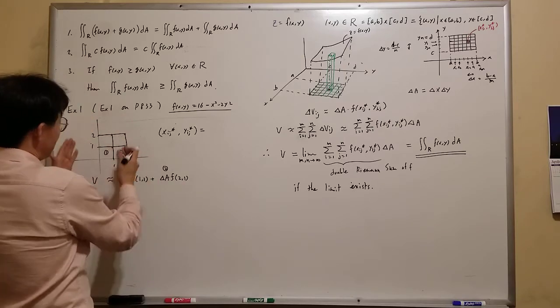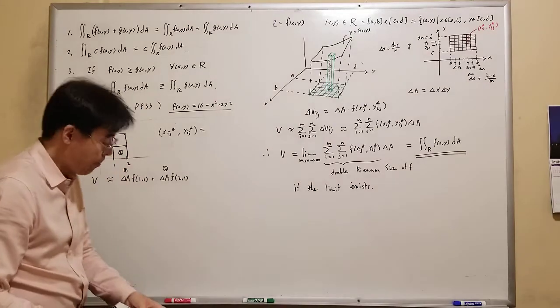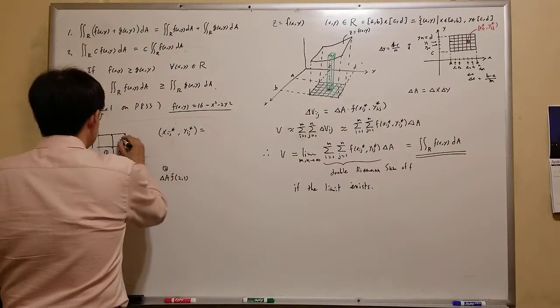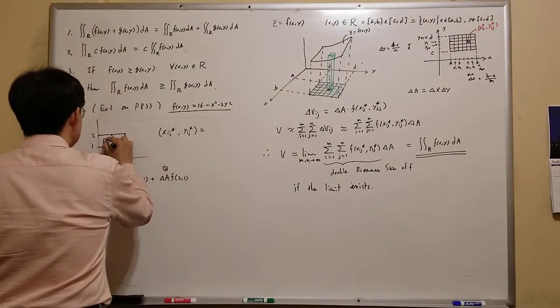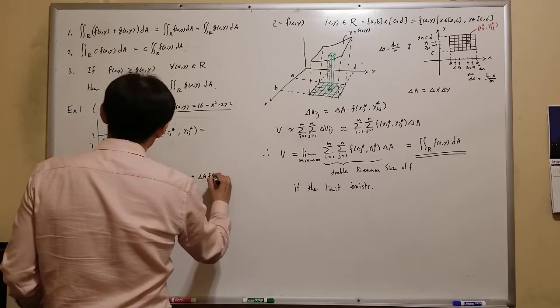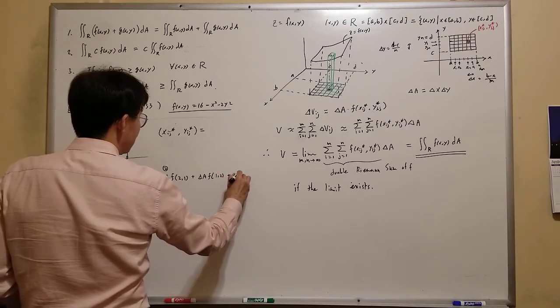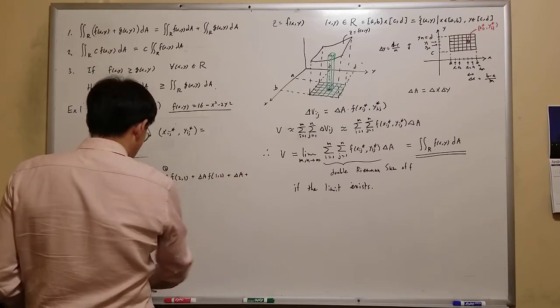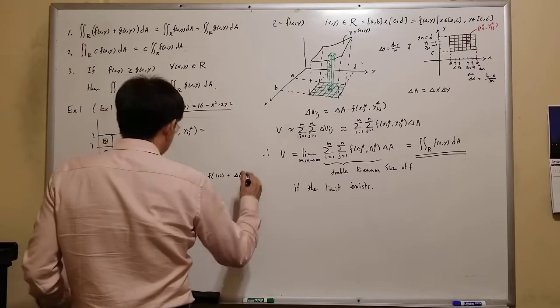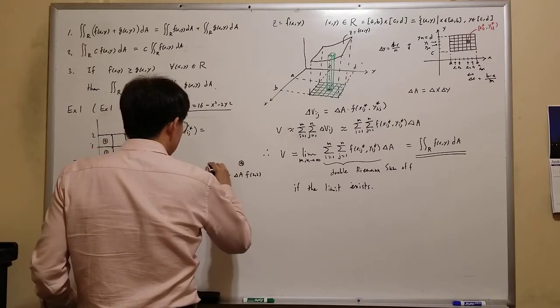The cross section is an ellipse. Then the third one will be delta A times f of 1, 2. Finally, delta A times the height f of 2, 2.